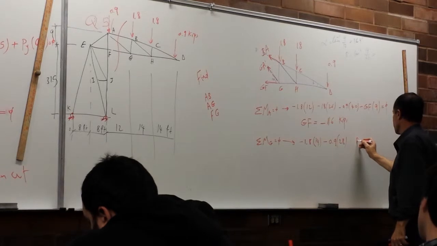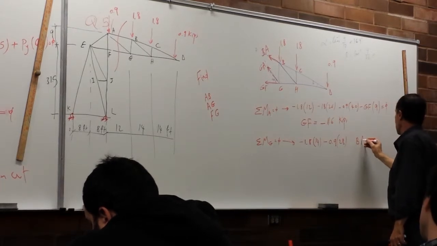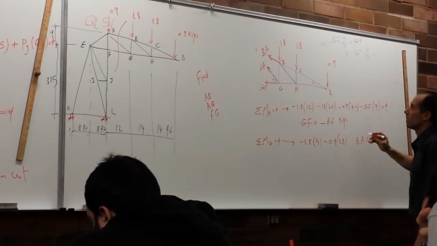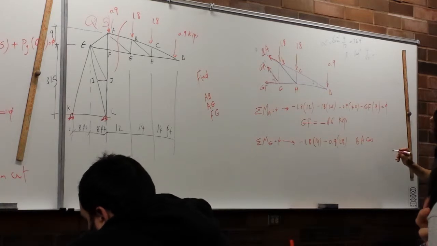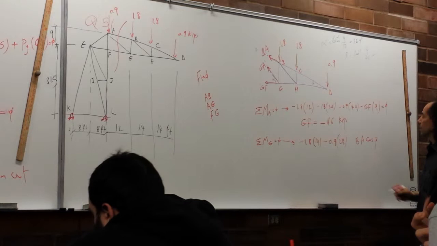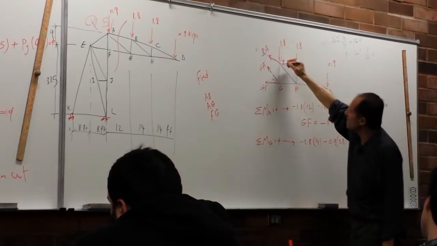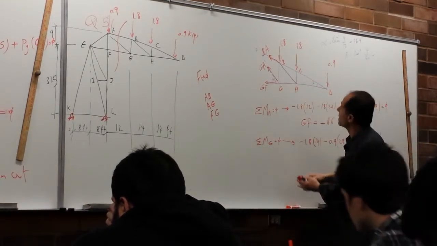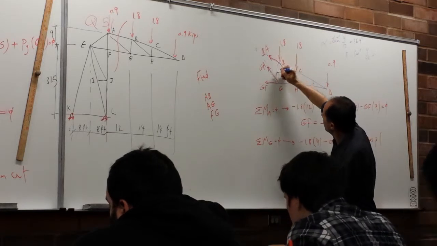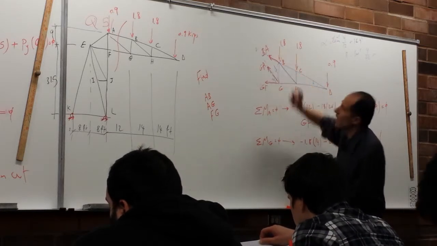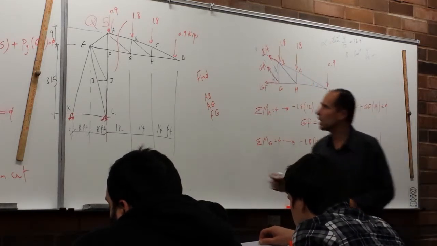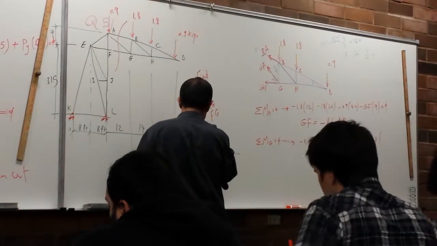BA, cosine of beta times this distance. This distance is from here to here. This is distance D. Let's look at D, guys. Here's a triangle like this.